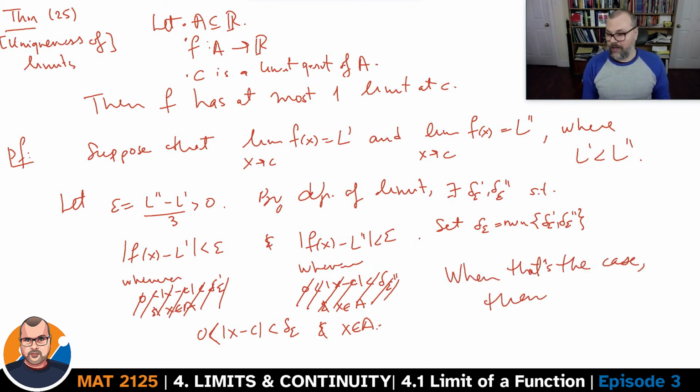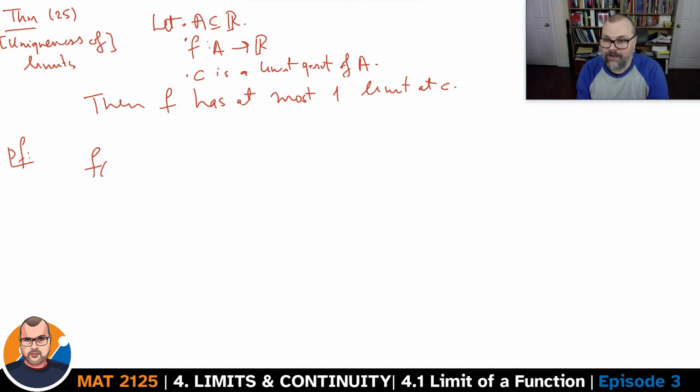what we will find is that f at x, on the one hand, will be smaller than L prime plus epsilon, because f at x minus L prime is smaller than epsilon. Then it's going to be L prime plus, well, we know what epsilon is in this specific case. We've set it to be L prime prime minus L prime, divided by 3. Let me rewrite this here.